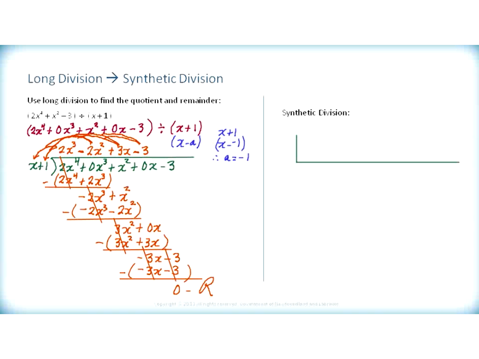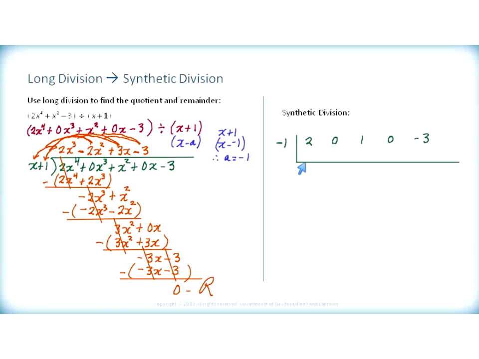In front of the box goes the value of a, which is a negative 1 in this case. Your numerical coefficients of each of the terms would be given by 2, 0 to represent your cubic term, 1 to represent your quadratic term, 0 to represent your linear term, and negative 3 to represent your constant term.